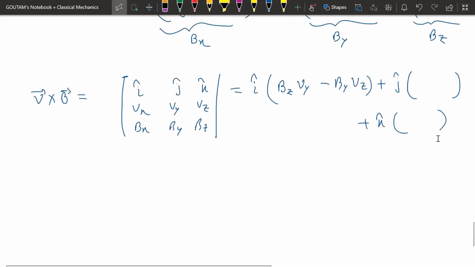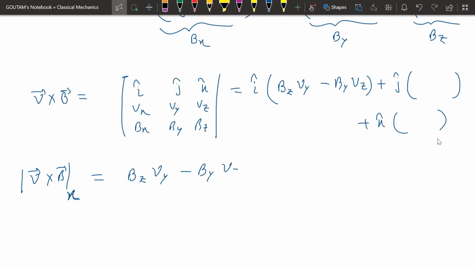So the x component of V cross B will be Bz Vy minus By Vz.